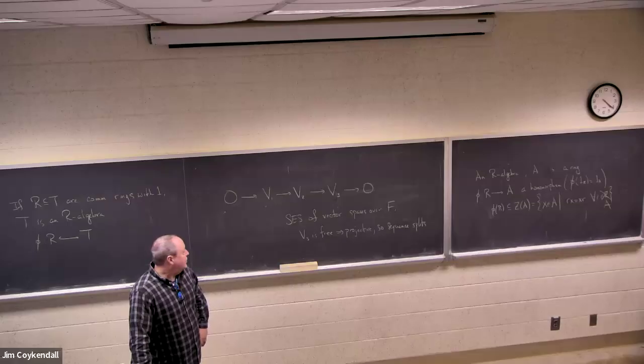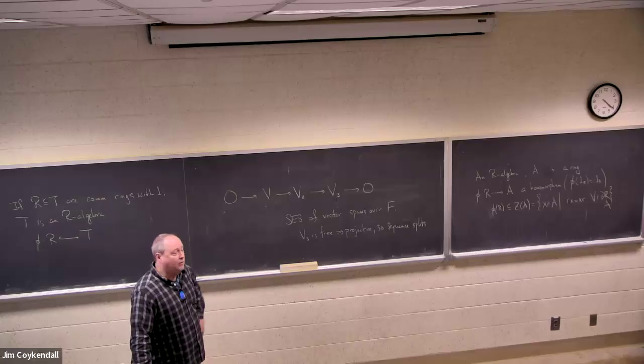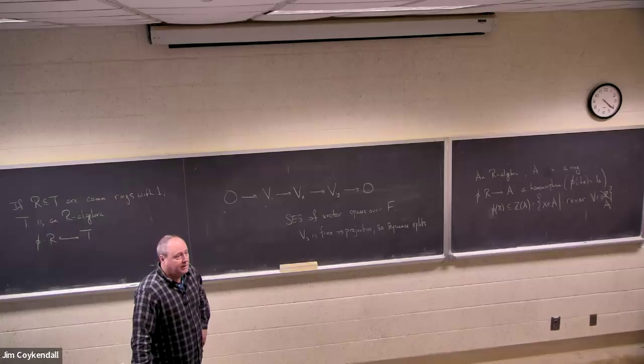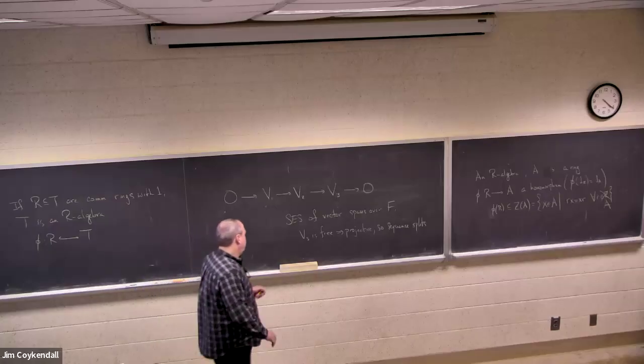And of course, as a consequence of that, we see that over a field, the frees are also injective. Yes. Could you show that projective means that the sequence splits again? Oh, yeah.